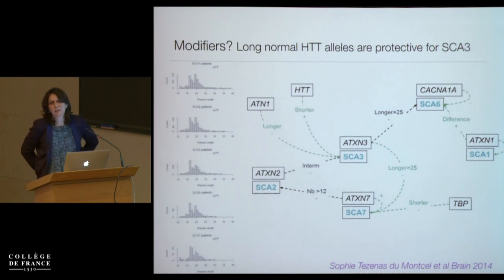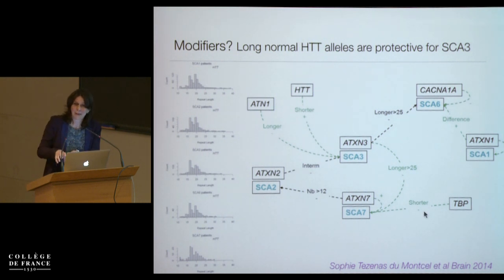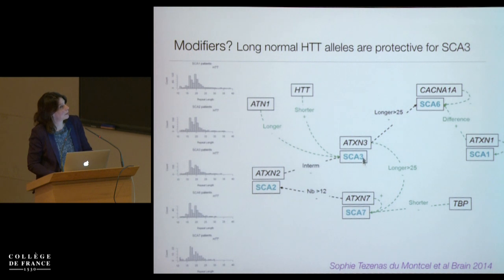You could imagine also that the other genes with polyglutamine expansion play a role. If we go back to what I said in the beginning, what is the relationship between all of those? We did a study where we looked, this time, at ataxia patients to see if the longer, the smaller, or the medium of the two expansions plays a role in the age at onset in this cohort. I just put the HD gene here.